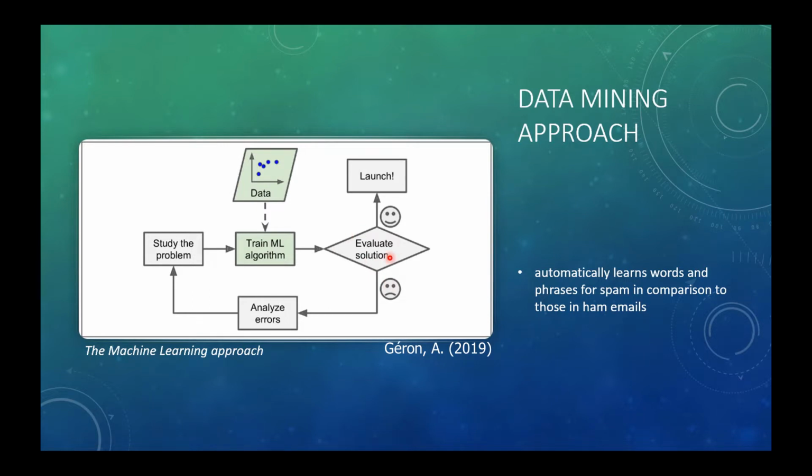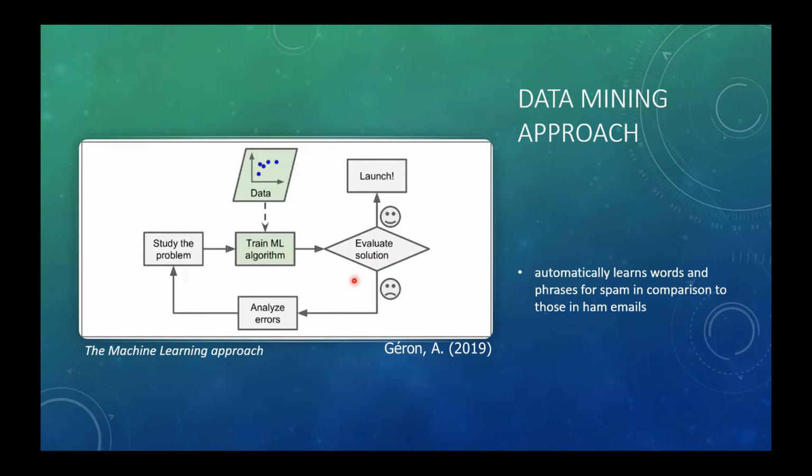Remember, we have the element of performance. We always have experience, which is the training data, and then we have the task, which is simply what we are working on, to flag emails. And then we come to the performance element, where we need to evaluate the output of this training algorithm, whether it's good or not.